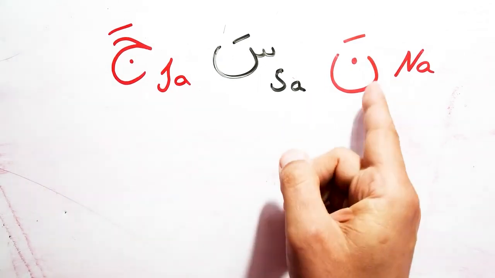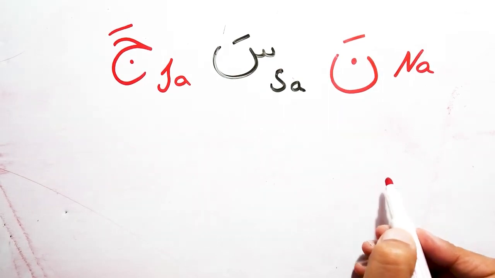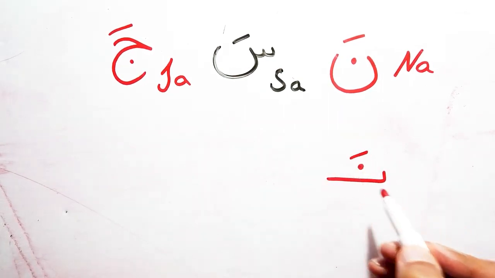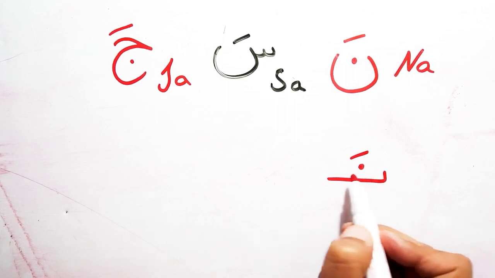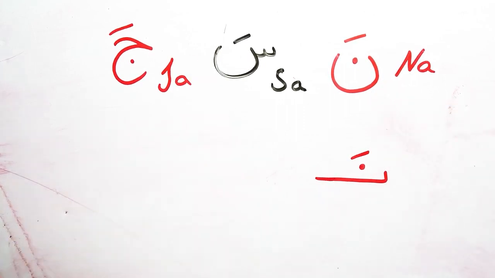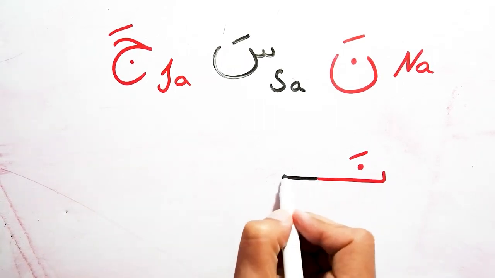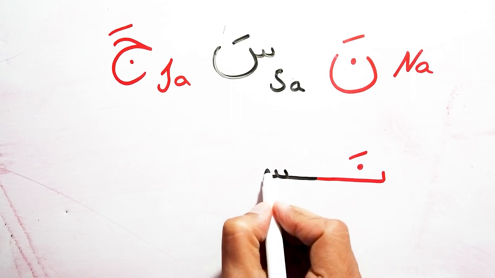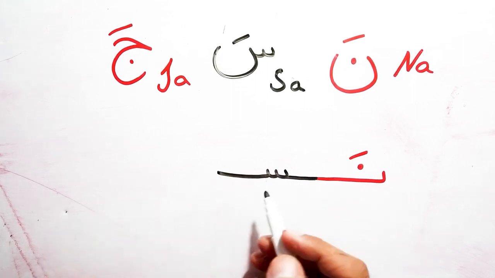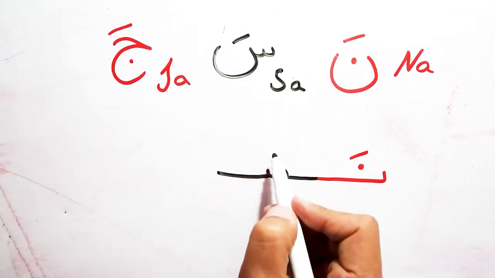Okay, let's connect ne to se. Ne to se. This is the shape of ne in the beginning of the word. Ne. And then se. Let's see se in the middle. I have to write a line like this, and then I'll do like this, and then I will keep as you see. Why? Because I'm gonna now connect je.